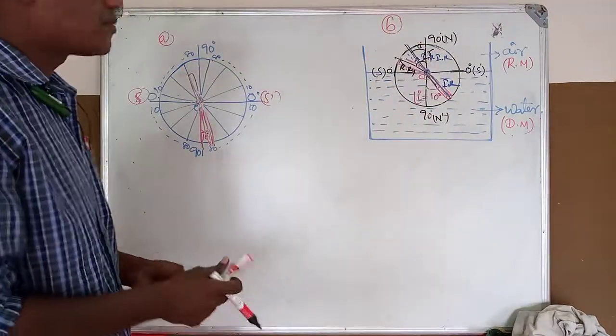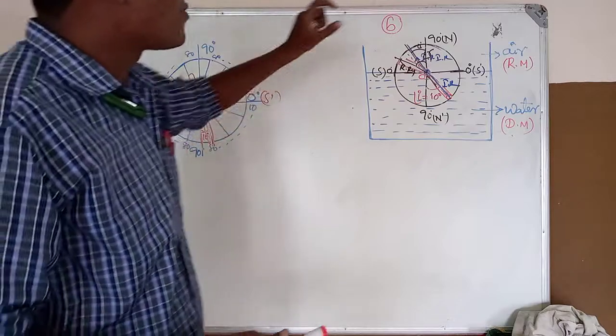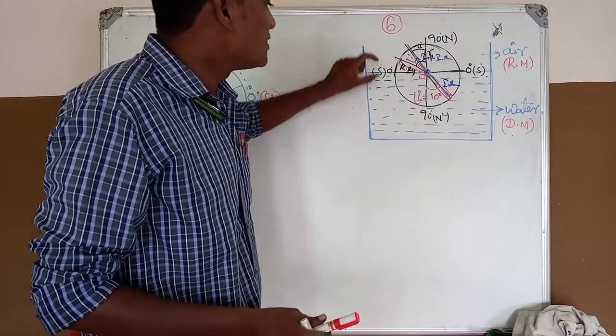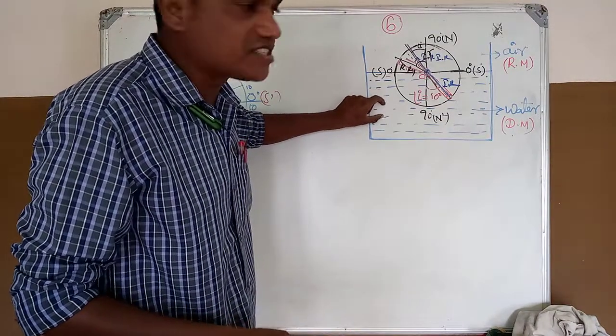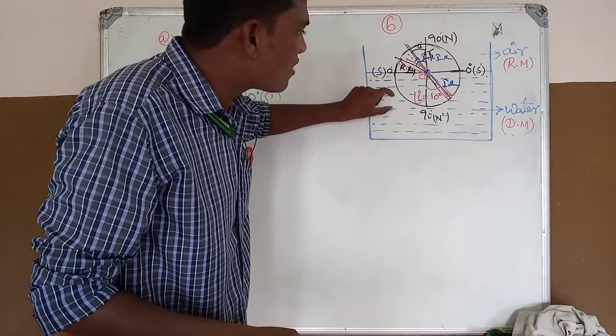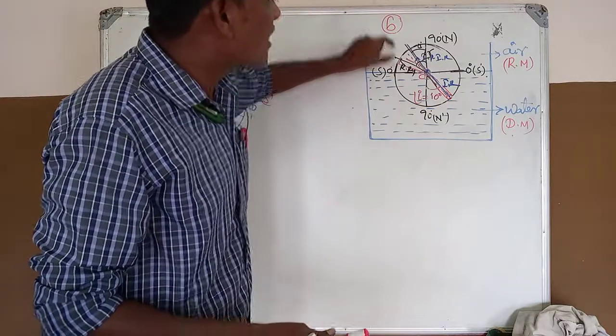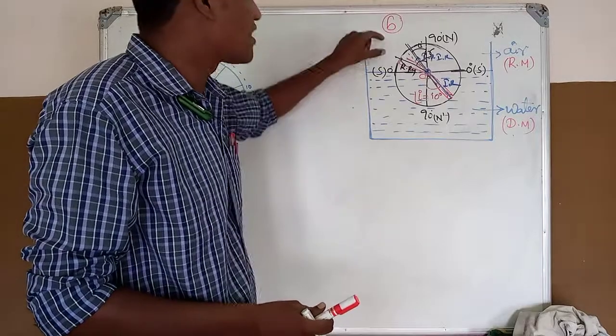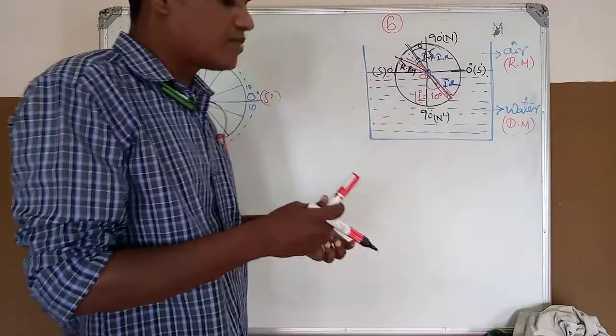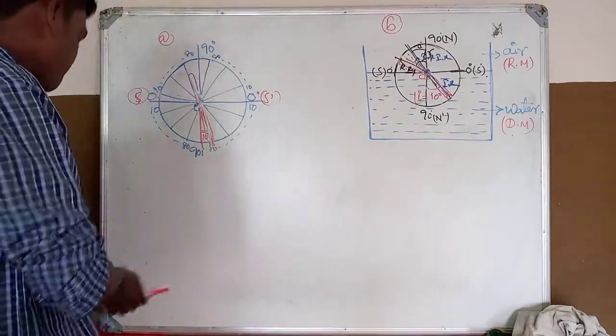Every time we observe that the angle of refraction in the rarer medium is greater than the angle of incidence in the denser medium, when light travels from denser medium to rarer medium.